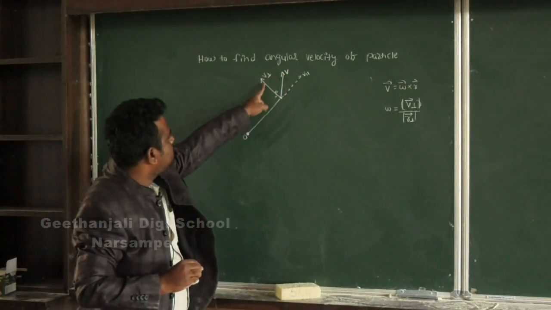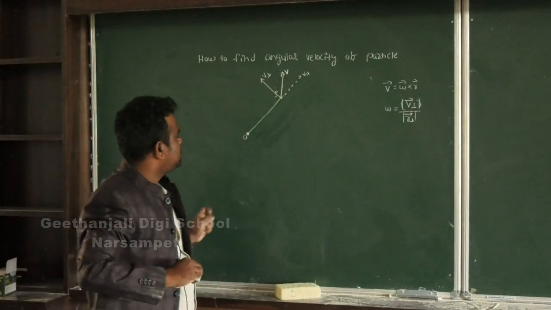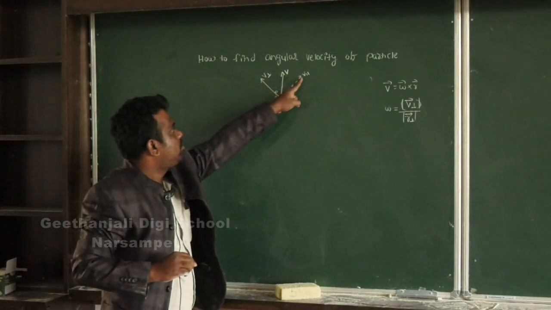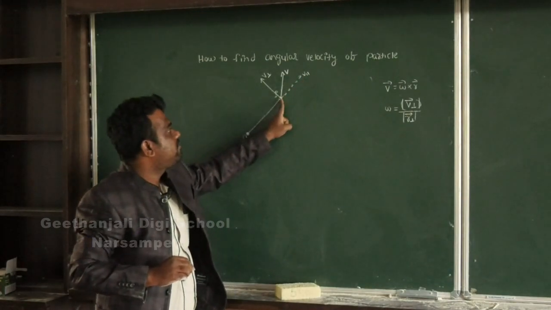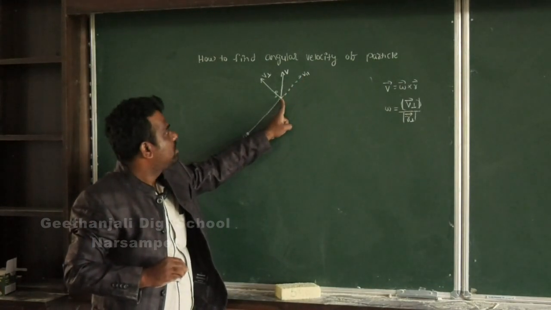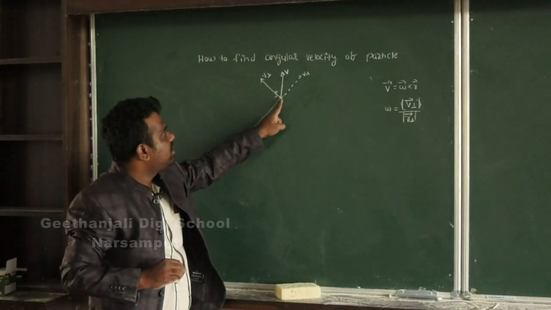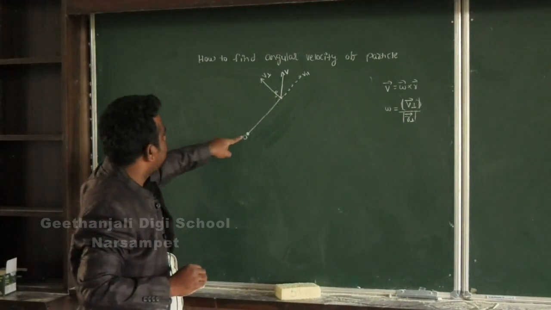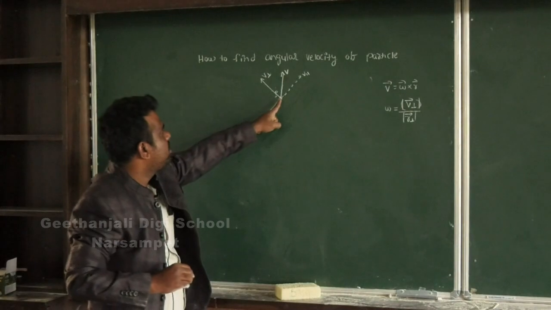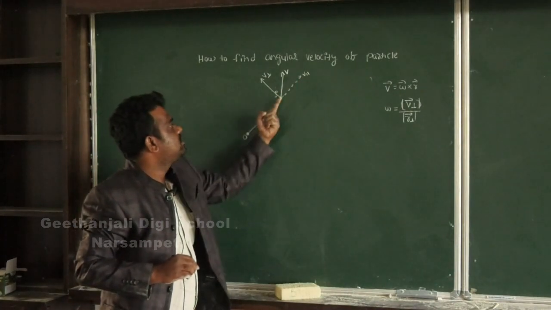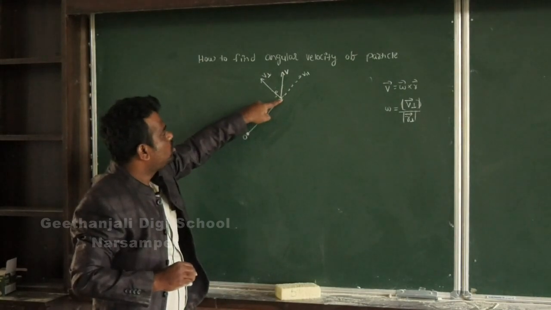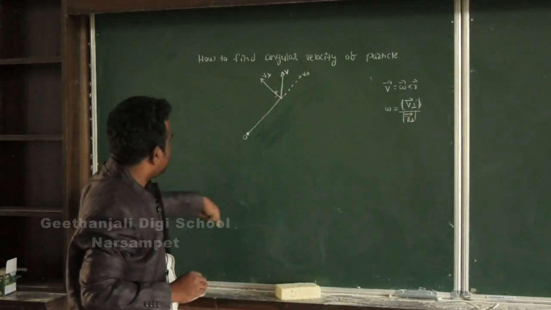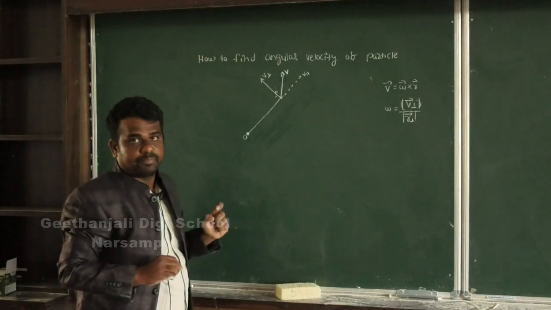If you observe these two components of velocity, the parallel component V parallel cannot bring this particle into a circular motion about this fixed point. Why? Because V parallel is acting along the position vector, so it cannot make the particle move in a circular path about this fixed point.